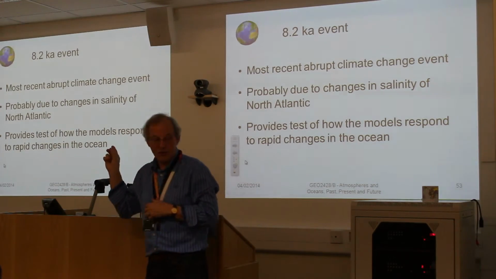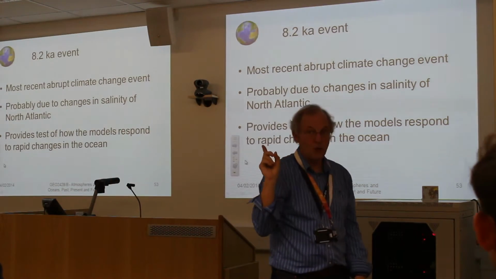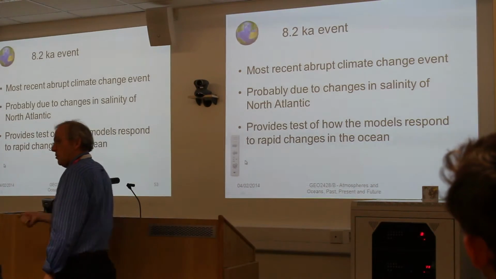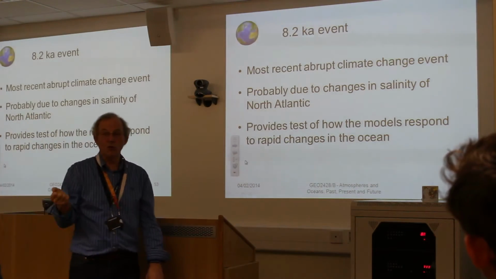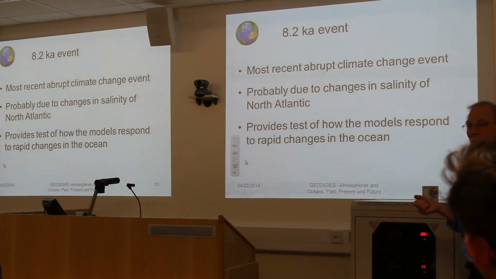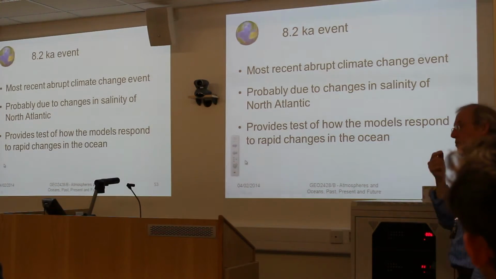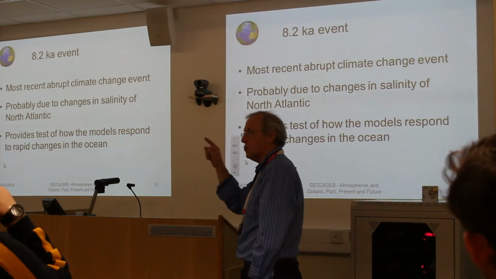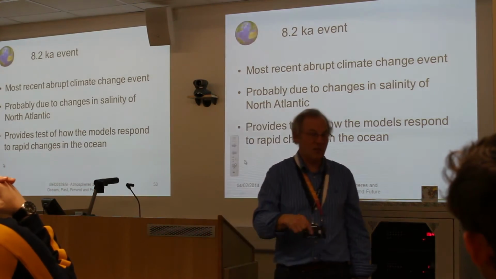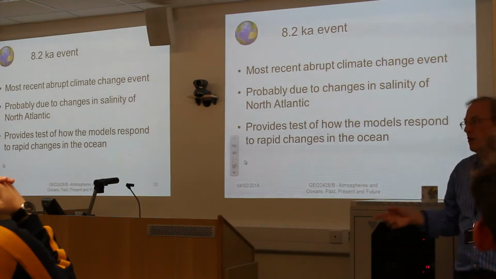It's quite fun because effectively what you do is what's known as a hosing experiment. It's the equivalent of standing off the edge of Labrador with a big hose of cold, fresh water. You say, well, how much shall we put in? How many sverdrups shall we put in? How cold will it be? And you just choose your parameter, say an extra 2 million sverdrups coming in over 10 years of fresh water at a temperature of 3 degrees.